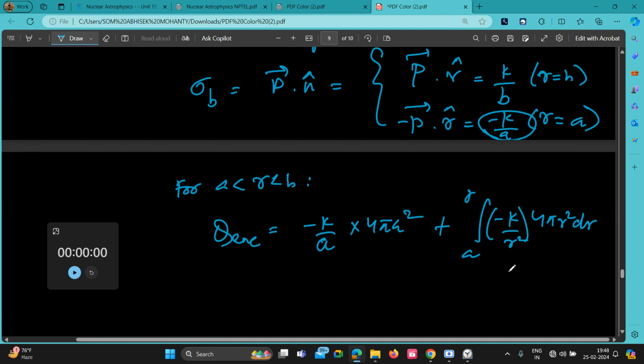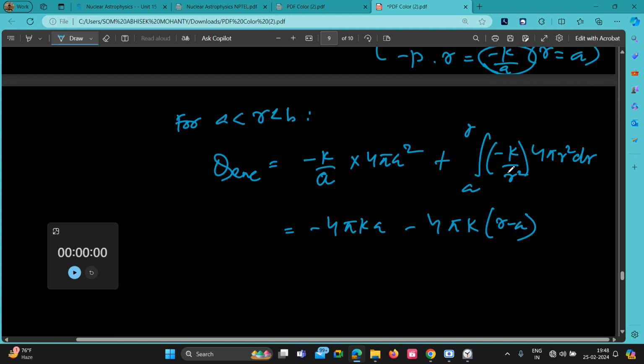So the first term is minus 4 pi k a. And in the second, minus 4 pi k goes out, r square is cancelled, and the integral of dr is r minus a. So it will be minus 4 pi k a minus 4 pi k r plus 4 pi k a, so minus 4 pi k r.